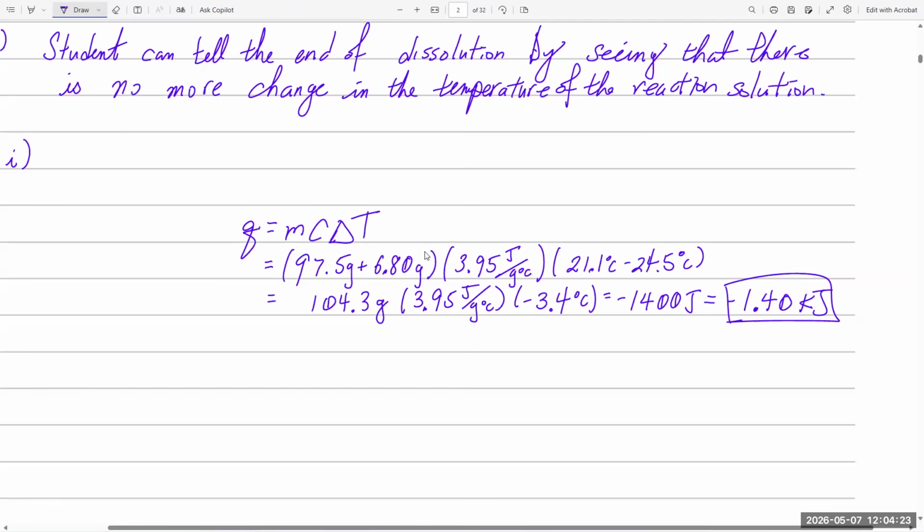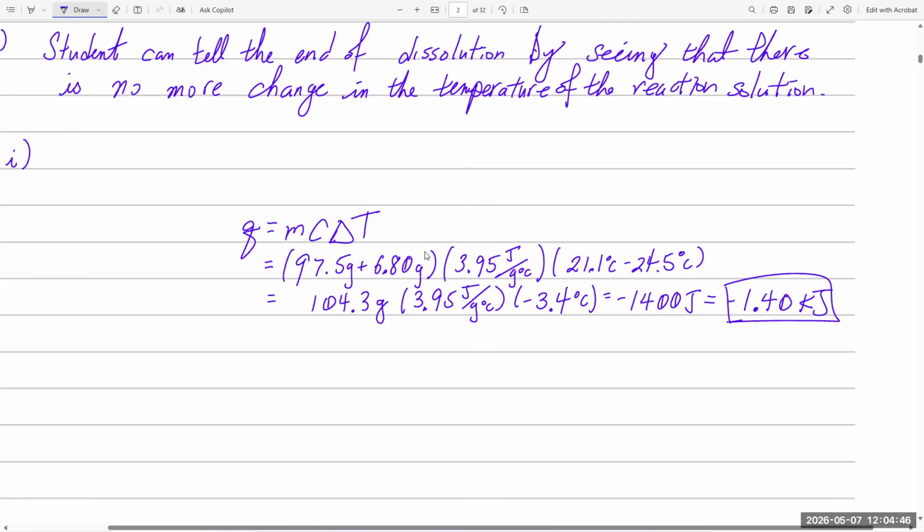So on the calculator, 6.8 divided by 74.55 gives 0.09. Hey, Mr. Kim, how did you know that it was going to be 0.0? Well, hello, it's 6 or 7 divided by 74. Of course, it's going to be a small number.